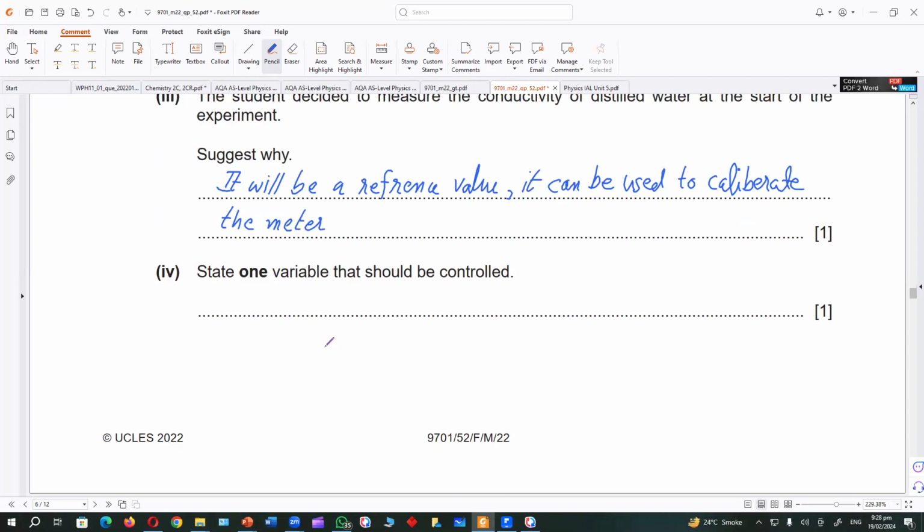State one variable that should be controlled. Should we control the temperature? Yeah. Temperature is commonly the most interfering variable we have.